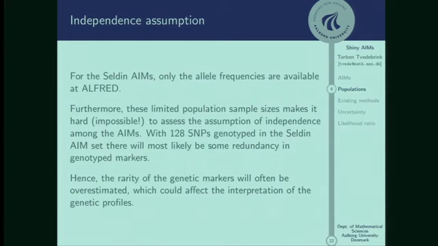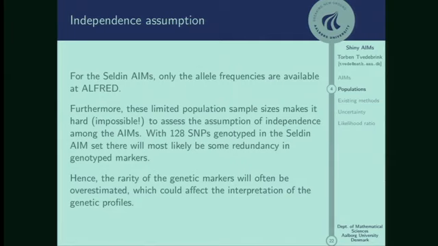Another thing, one of the things that I just accepted until now at least, is that all these markers are independent. So we could just use the product rule Martin just described, and multiply the things together. But some of these markers would be in linkage with each other, and the linkage might be different for different populations.